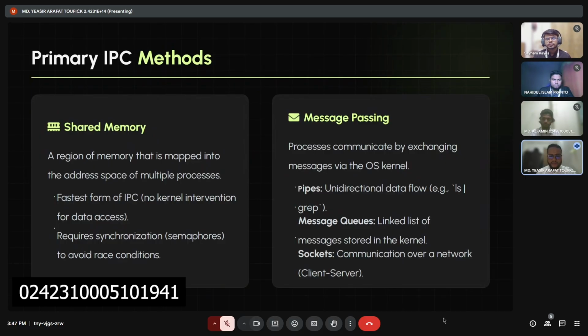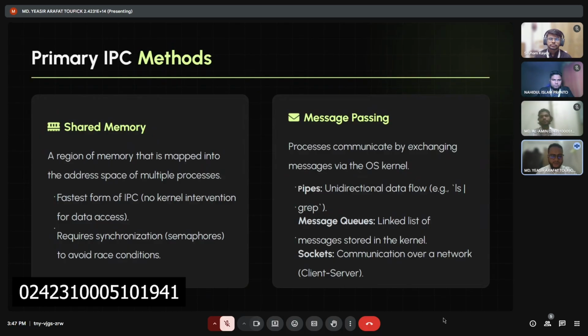It is extremely fast because the OS does not have to be involved in every single read or write. However, it requires careful synchronization. If two people write over each other, you get garbage data.